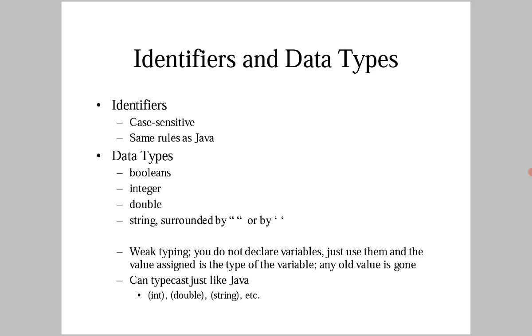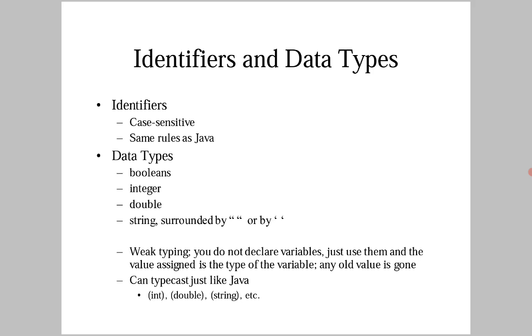PHP is a case sensitive language, so we may use only lowercase or small letters. Generally the rules are the same as in Java. And what are the different data types used in PHP? Boolean, integer, double, string.